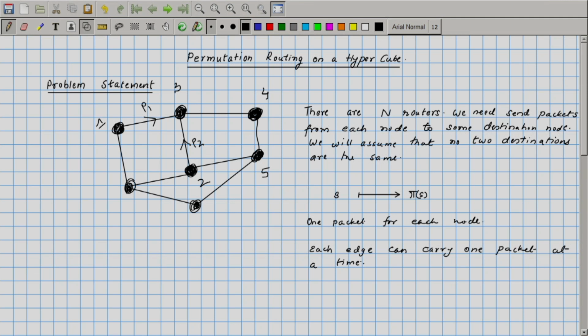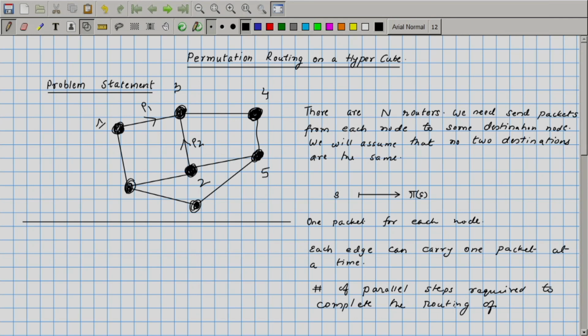When we measure the quality of a given routing protocol, what we want to measure is the number of parallel steps required to complete the routing, or the transfer, of all packets.